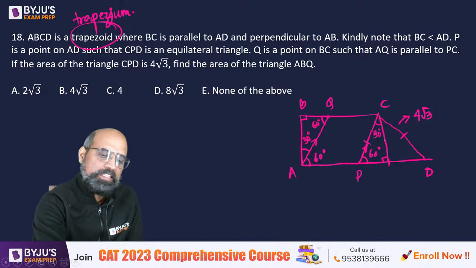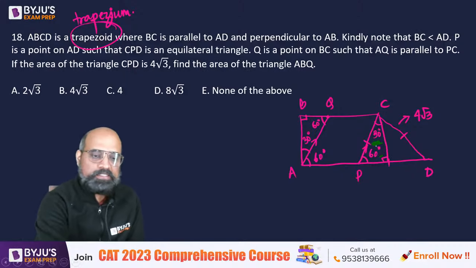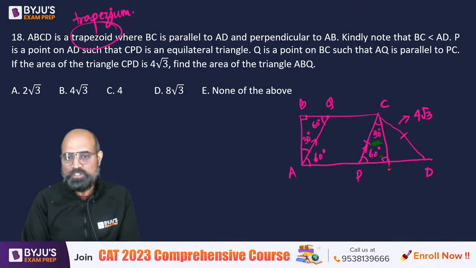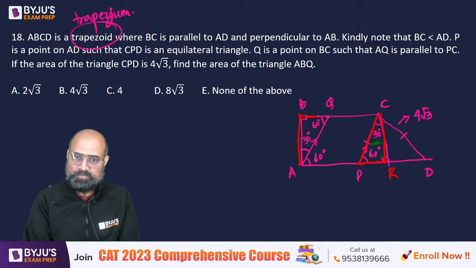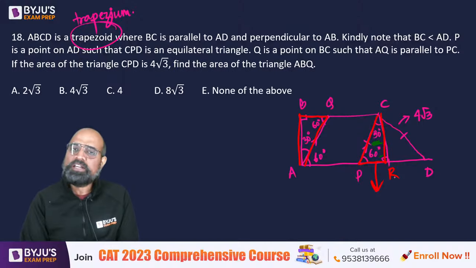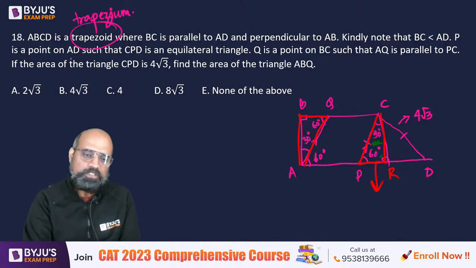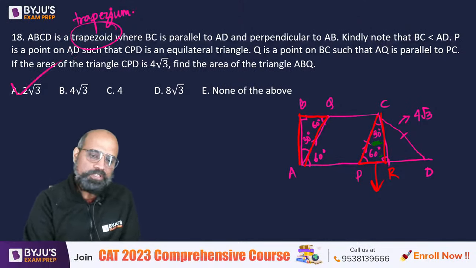So can we say that the area of the triangle that we have here, let's call this R, is the same as the area of this triangle; it is copy-pasted here. Same area. What will be the area of this particular triangle? It will be half of the total area. The total area is 4√3, so half of it is going to give us 2√3.